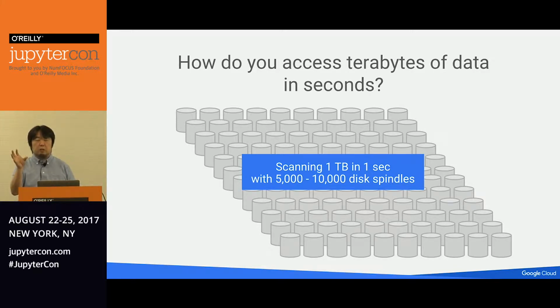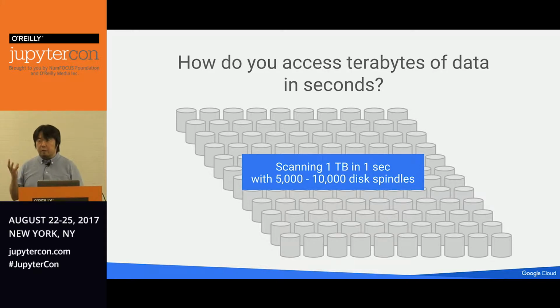If you stored 1 terabyte of data in a single disk drive, you can imagine that it would take several hours to read through all the data. But if you split the data into like 100 drives or 1,000 drives, it can get much, much faster. So how many disk drives would you need to scan all 1 terabyte in 1 second? The result was 5,000 to 10,000 disk drives.